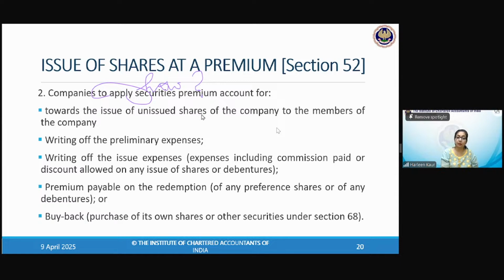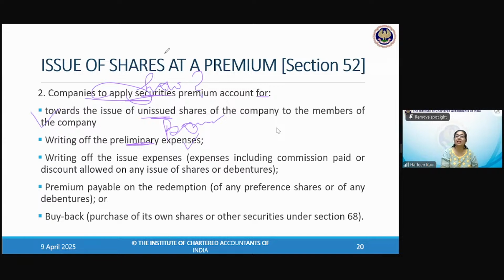Yes, absolutely. This amount will be transferred to reserves and surplus in the balance sheet. Excellent. So this amount of securities premium account can be used, number one, for issuing the unissued shares of the company to the members of the company, means for issuing bonus shares. For writing off the preliminary expenses.